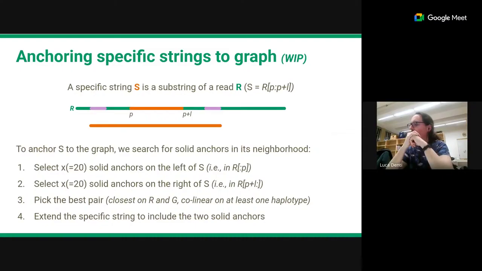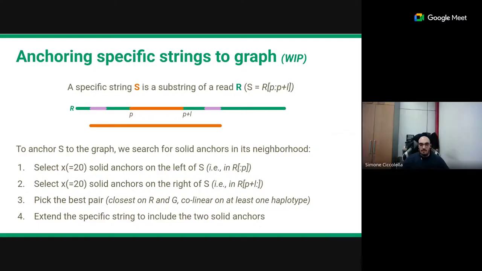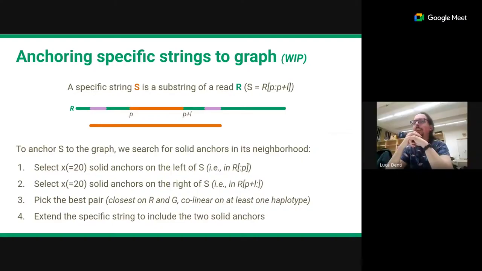Okay. Let's say that I don't have any proof of this. This is just something that I saw in the data, heuristically derived. But even if you pick the closest one, you can have structural variations, because even if they are closer, I'm using solid anchors that are unique in the graph somehow. So they are from two vertices of the graph, and my assumption is that if I can find those anchors, they are pretty much the correct anchors.